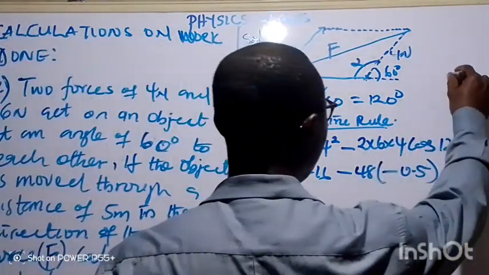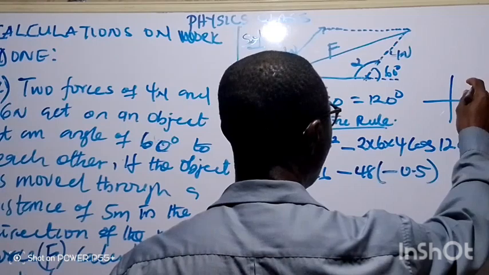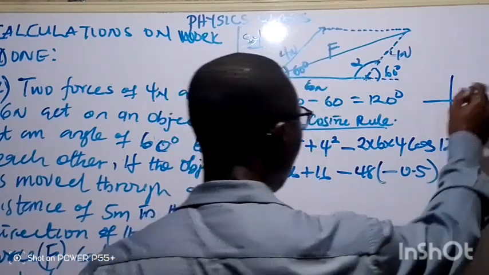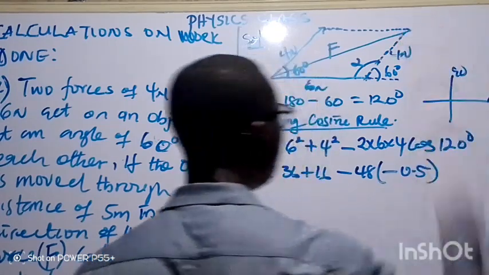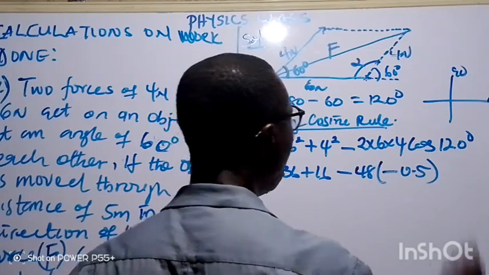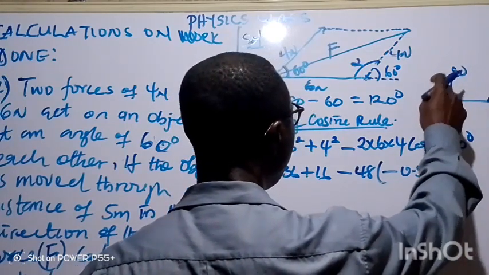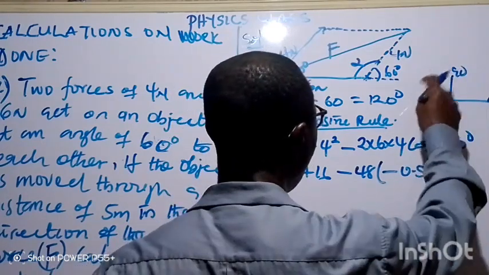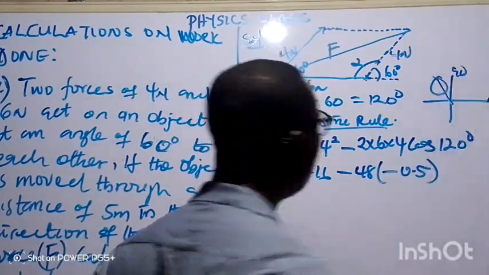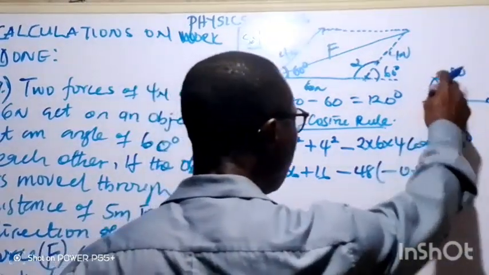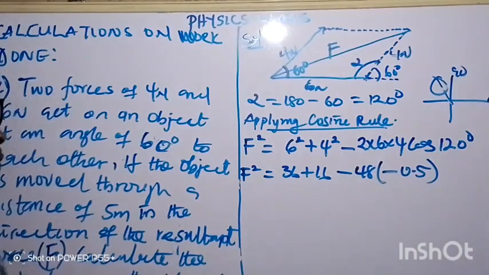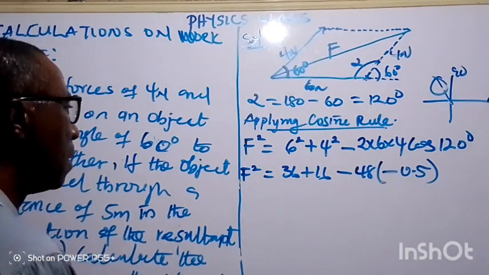When you draw it like this, in the first quadrant, sine, cosine and tangent are all positive, for angles from 0 to 90. From 90 to 180, only sine is positive. Cos and tan are negative. So sine 120 will fall like this, and cos 120 will fall in the second quadrant. That is why we got the minus 0.5.